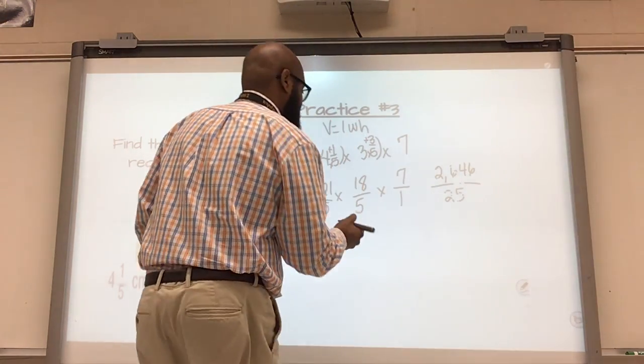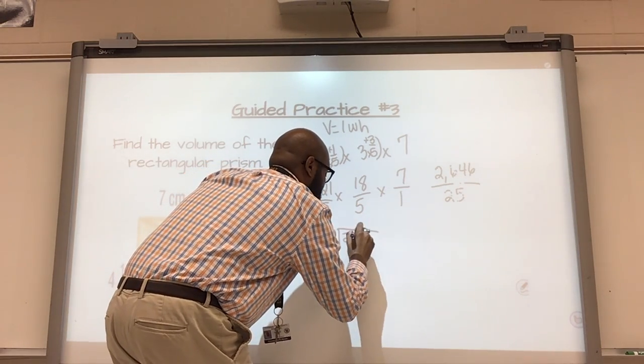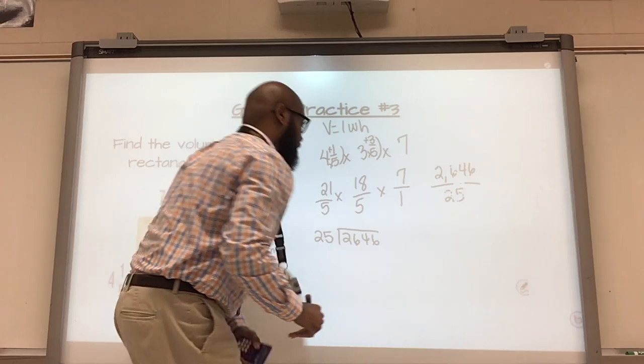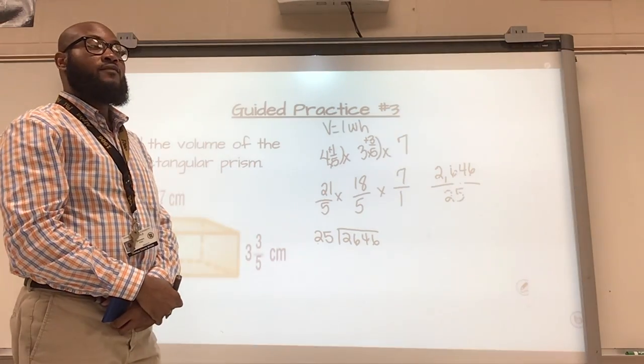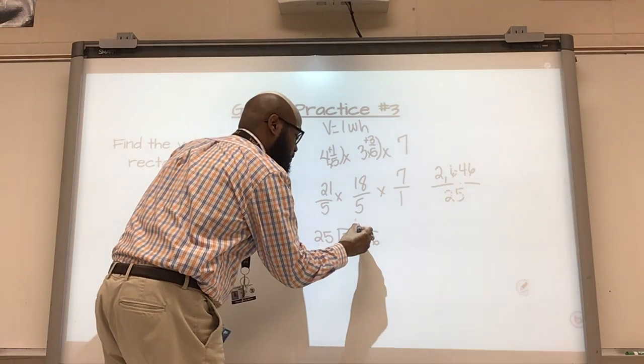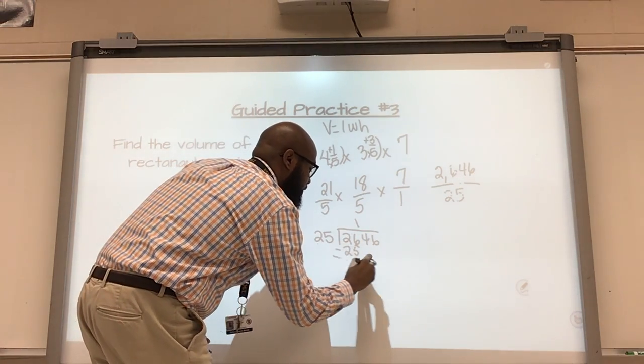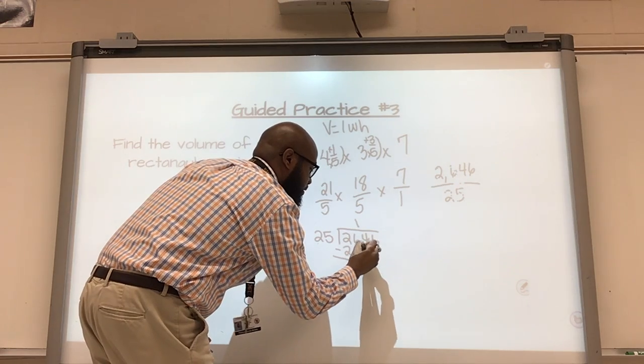Now with this one, I'm going to go ahead and set up the algorithm. We're going to divide it so we can get our fractional part. So 25 will go into 26 one time. 1 times 25 equals 25. Subtract, we get 1.